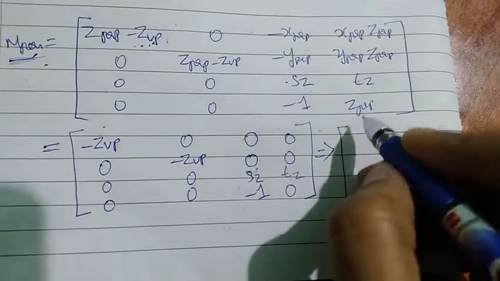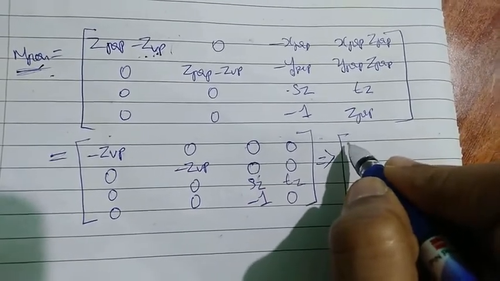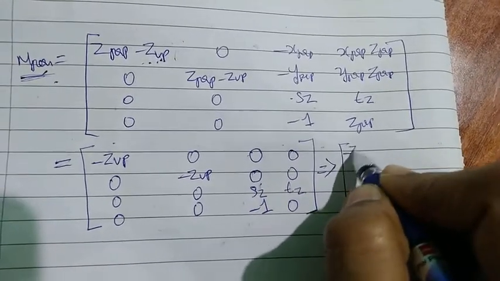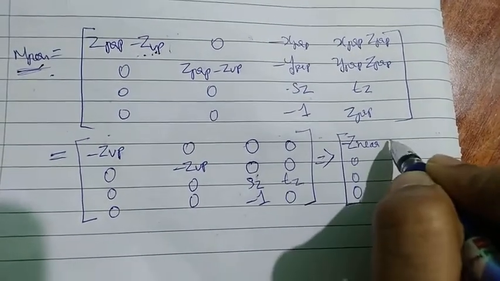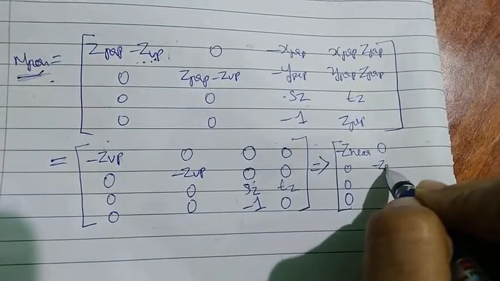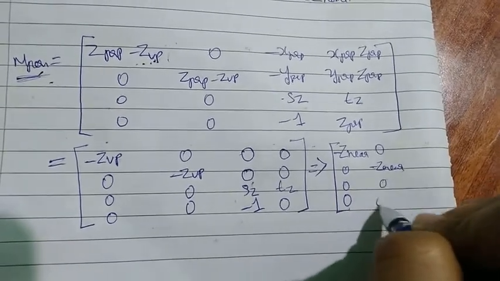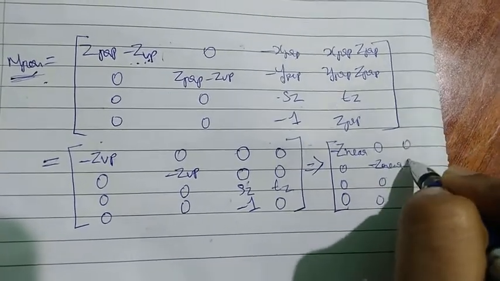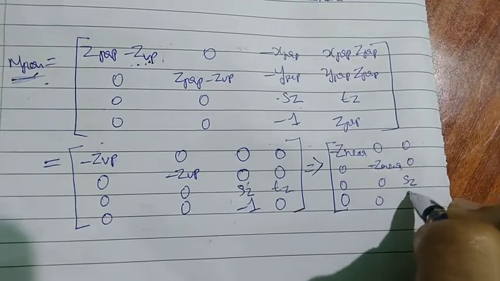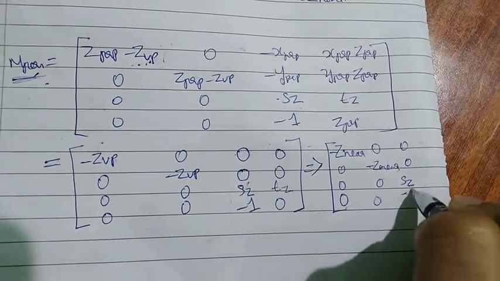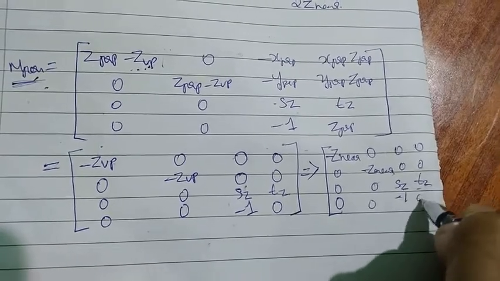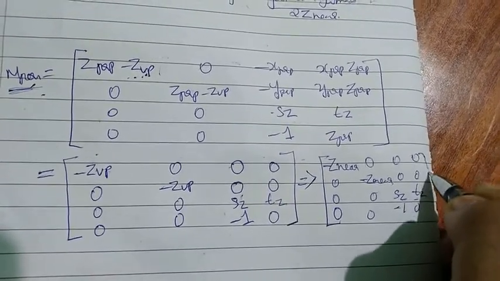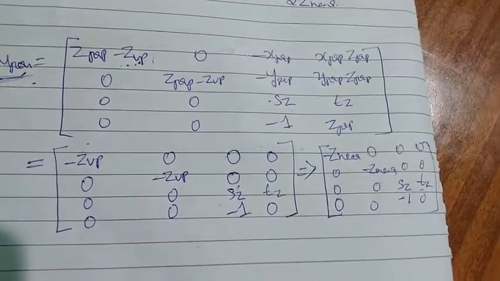Here we are considering the near face, so the z value will be equal to z near. So z near, 0, 0, 0, 0, minus z near, 0, 0. Then you have 0, 0, sz, minus 1. Then 0, 0, tz, 0. This will be the matrix for perspective projection.